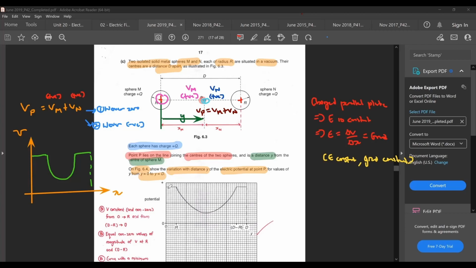Now these horizontal lines that you see are supposed to represent constant potential inside the spheres. We've gone through this before. Whenever you're talking about inside a charged sphere, the potential must be constant. That's where you get those horizontal lines there.